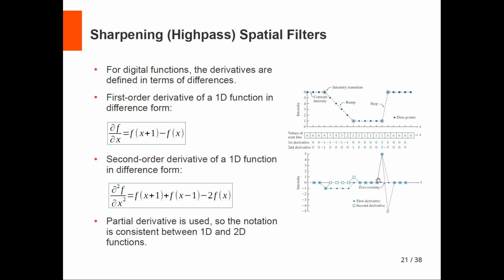So going through this step, right before the step, we have a positive second derivative, and right after this step we have a negative second derivative. So because of this we have this zero crossing that can help us to locate the steps, or more generally image edges. You will see examples of how these are useful later on in the course.